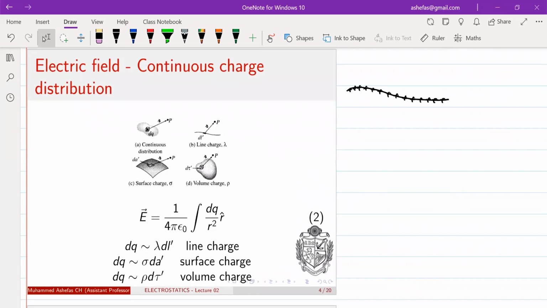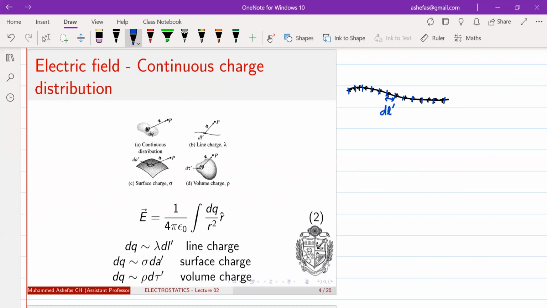Now, what we can do is divide this line charge distribution into small segments and consider one such infinitesimal segment, and that infinitesimal length I can denote by the symbol dl prime.